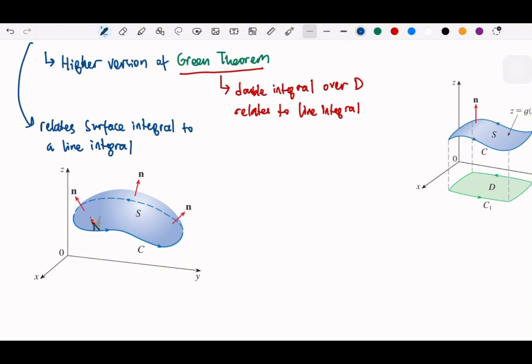Suppose that we have a surface with normal vector n, and then we can have orientations that are going outward.